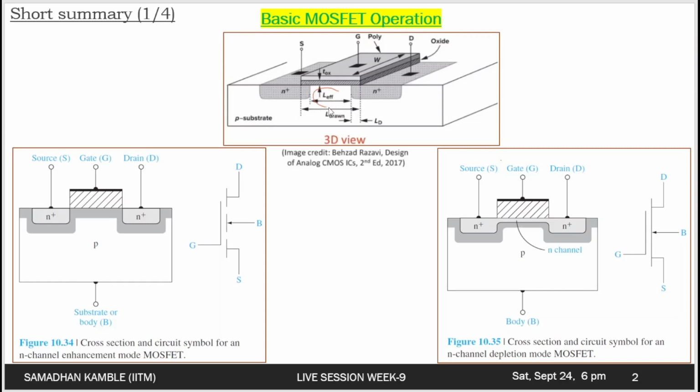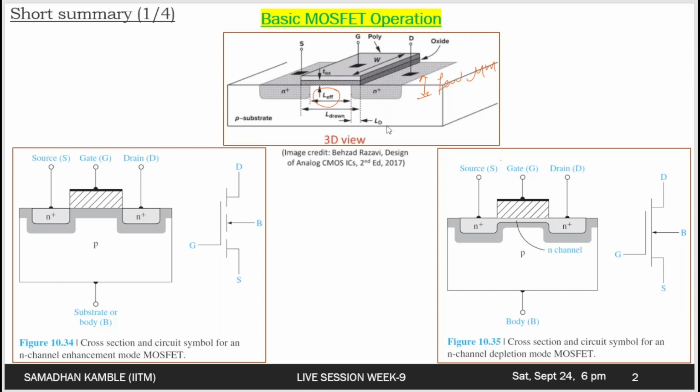This is L effective, and we already told you that the essential physics happens only in a few micrometers here, just a few microns. This is the crucial part, and below this is just bulk semiconductor.